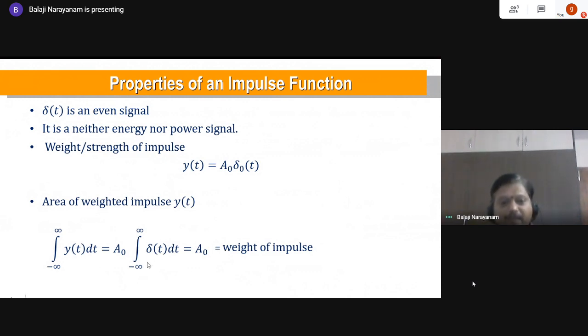As per the special property of the impulse function, the integral from minus infinity to infinity of delta of t is equal to 1. Hence we replaced this integral with the value 1, which gave the area of the weighted impulse y of t as a naught.